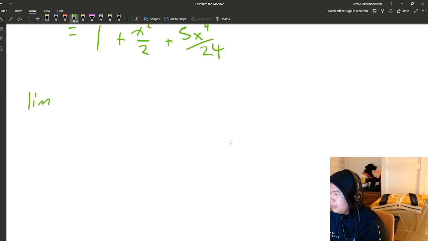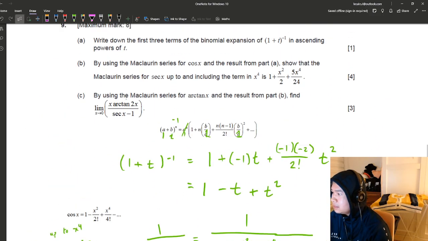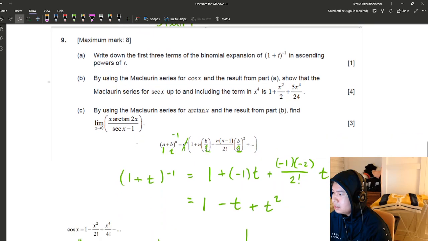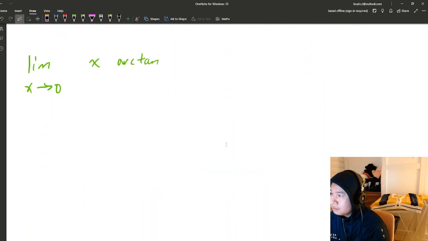So we need to find the limit as x goes to, is it infinity or 0? To 0 of x times arctan, is it 2x or just x? 2x. Don't make it easy for you. Divided by secant x minus 1.